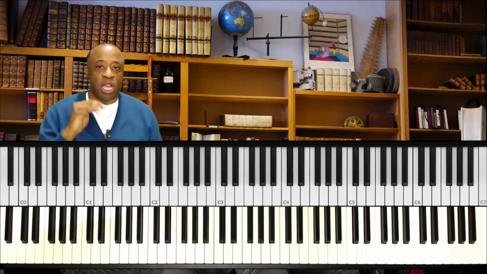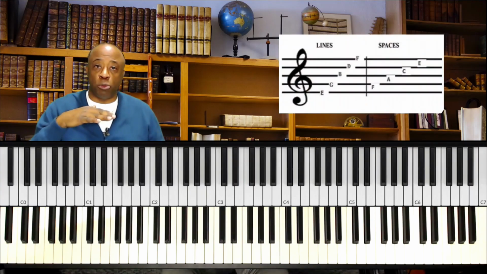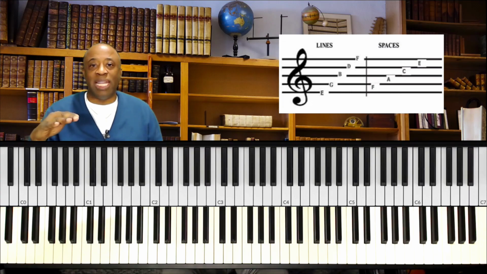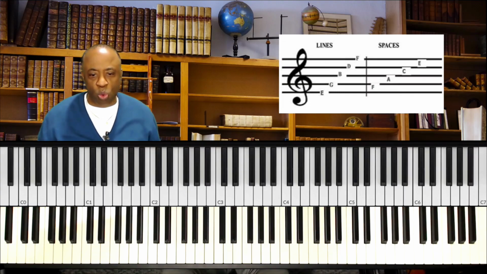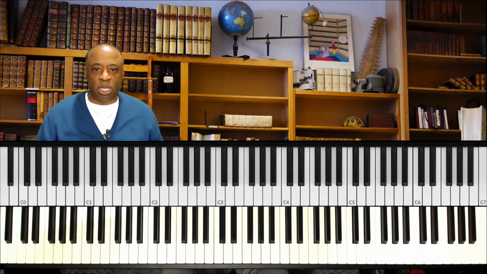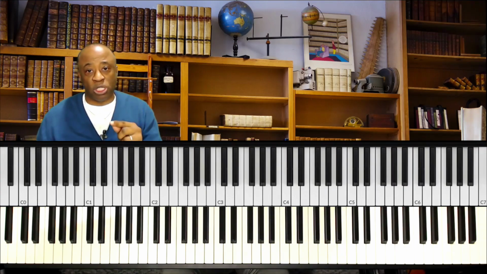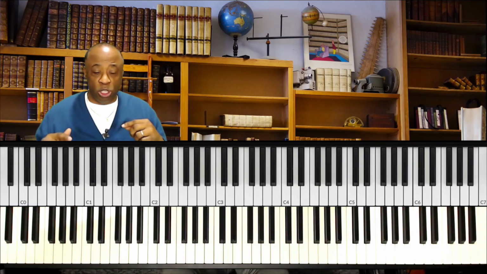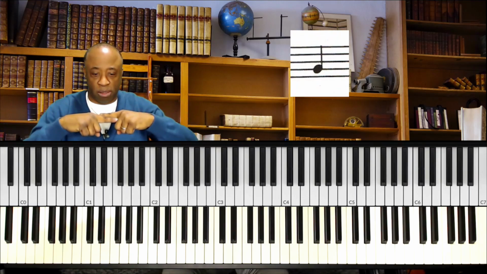And now come the spaces between them. The first space, the one on the bottom, is F. The second one is A. The third one is C. And the fourth one is E. Once a figure of notes is on a line, you will see the line crosses the note.